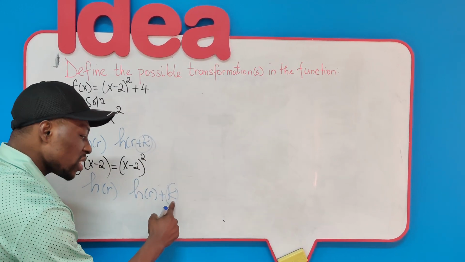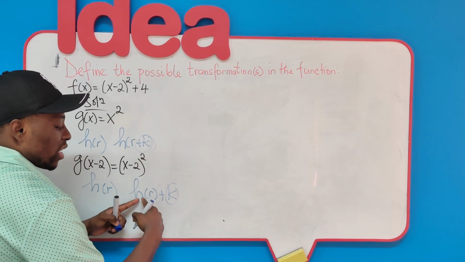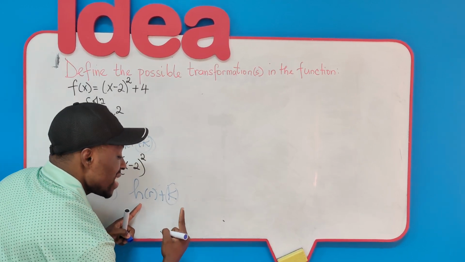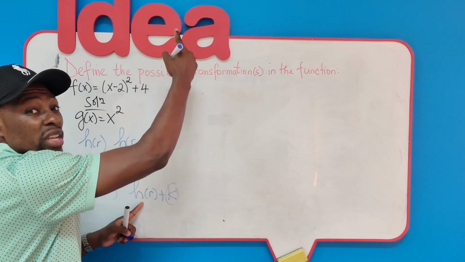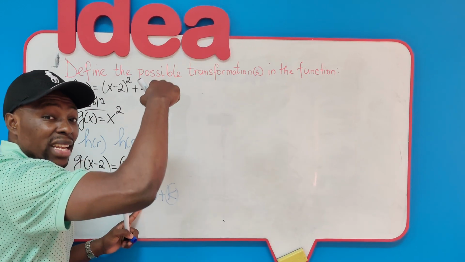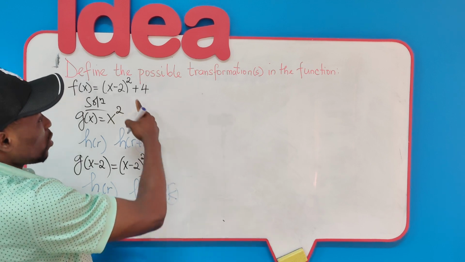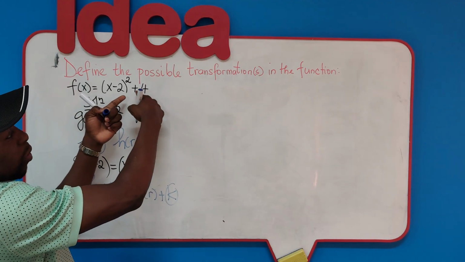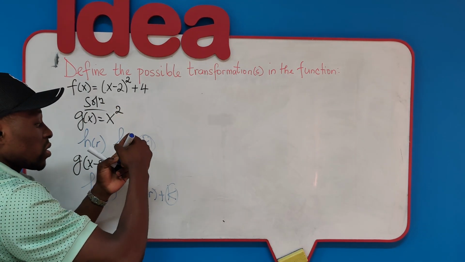Now, if k is positive, we will say the function h of x has been shifted k units upward. But if k is negative, we will say it has been shifted k units downward. As we can clearly see, we are suspecting that our k here is 4 and 4 is positive.